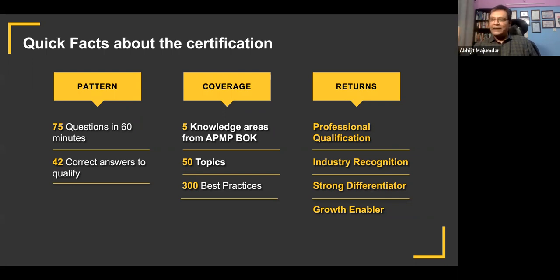That is for a hiring manager. Like if I'm a hiring manager and I am supposed to hire, say, one bid manager, and I get 10 resumes in front of me, and out of that 10, I find 3 or 2 or 5 as APMP certified and 5 are non-APMP certified.